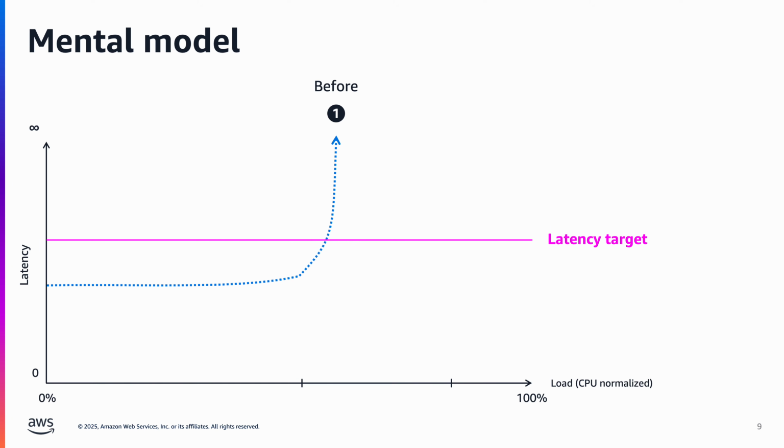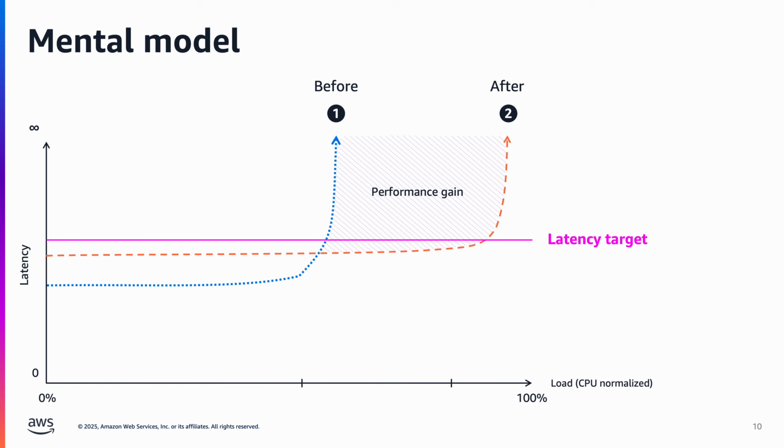By contrast, in Graviton, every thread maps to a single physical core, and there is no hardware multithreading. In my example, the orange line represents typical application performance in a Graviton system under increasing load. The system continues to process requests with acceptable latency long after we had to scale out in our previous example.